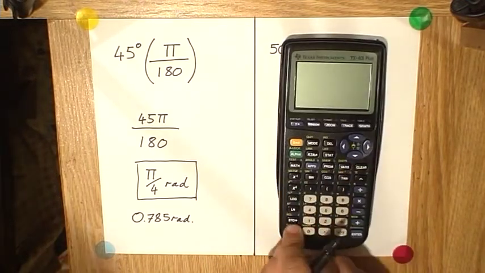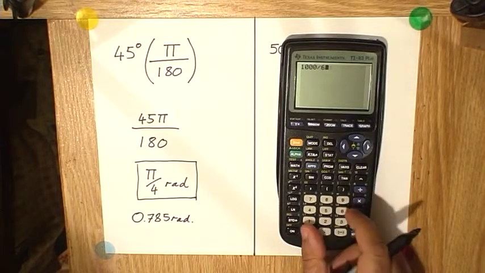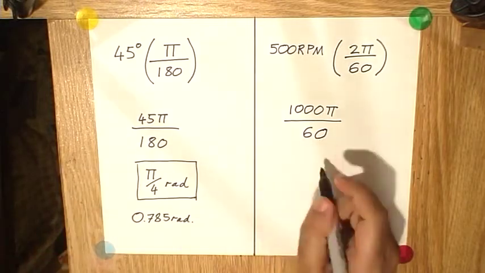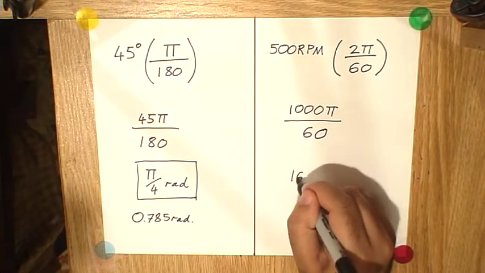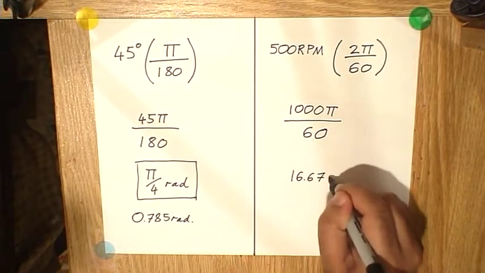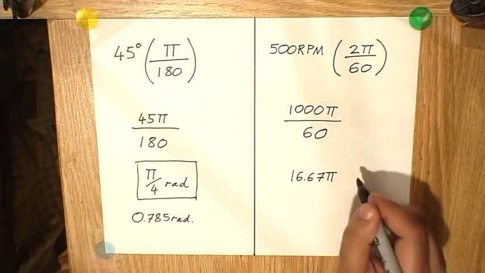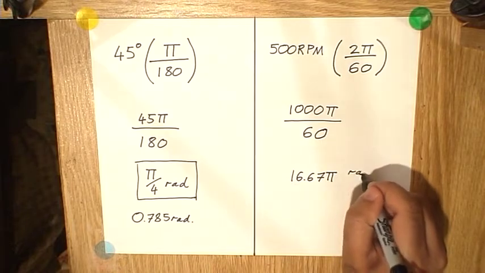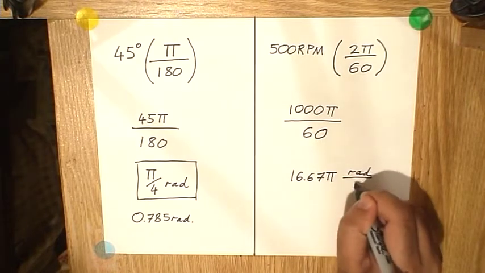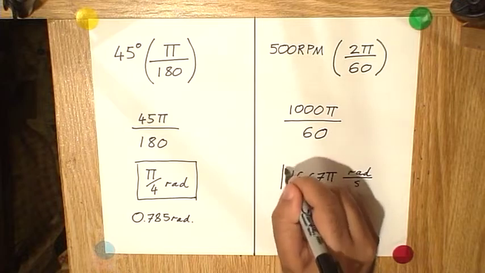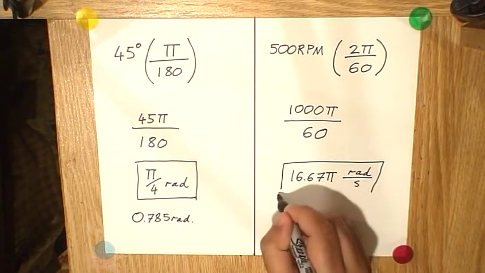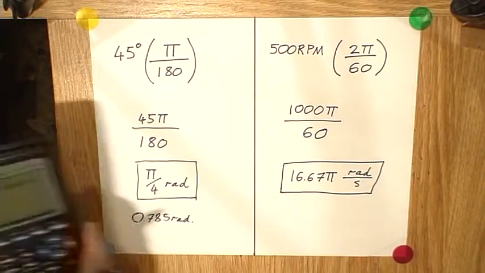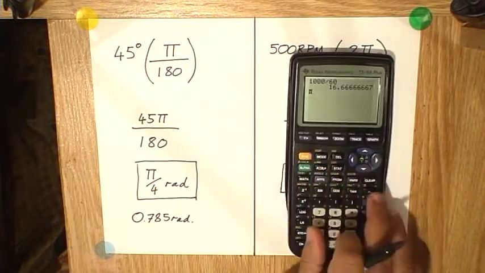Now, 1,000 divided by 60 gives us 16.67. So we could say that the rotation of this object is 16.67 pi radians per second. Or, if you prefer, we could multiply this out.